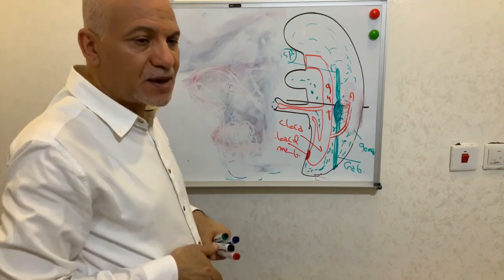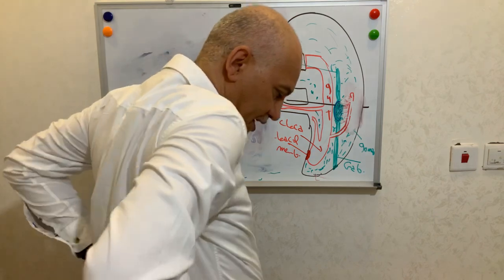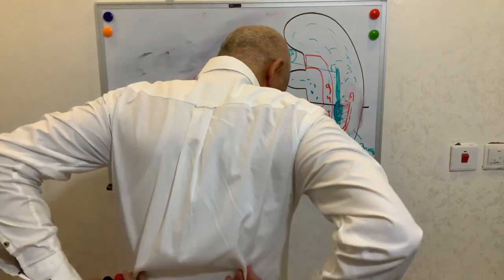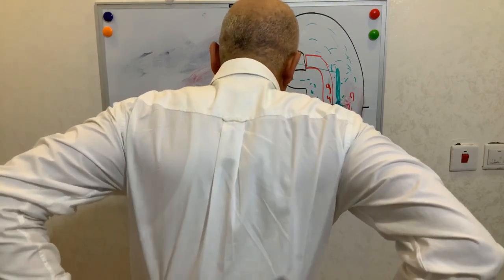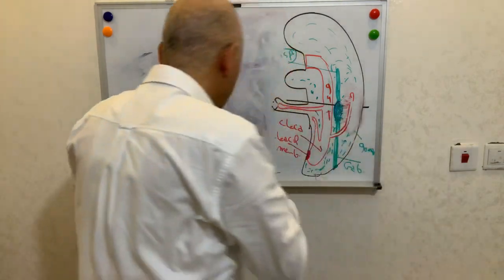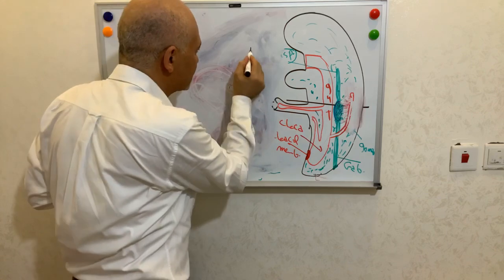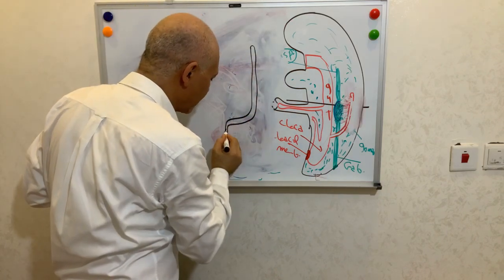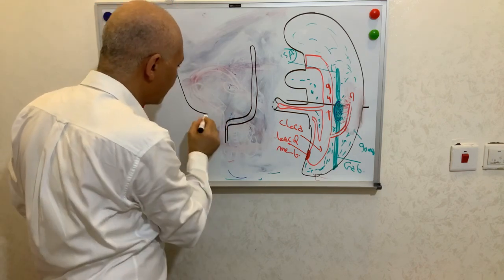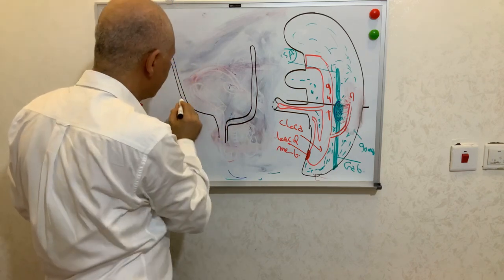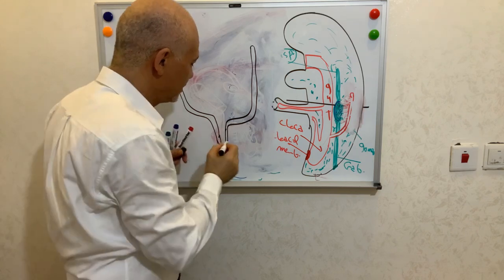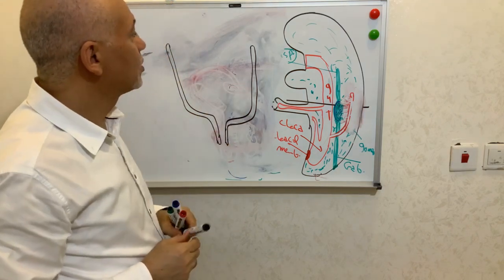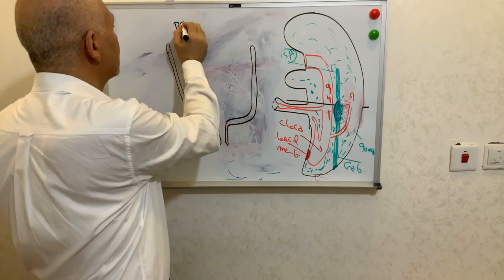In the back, suppose this is the peritoneum. Two tubes arise from the back of the peritoneum like this. These two tubes are called the para-mesonephric duct.